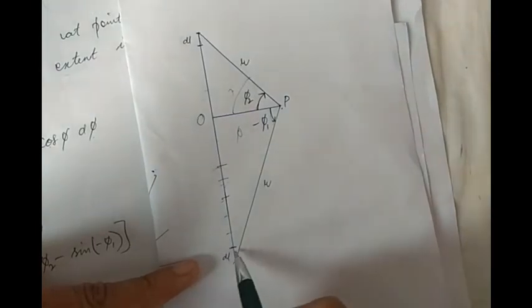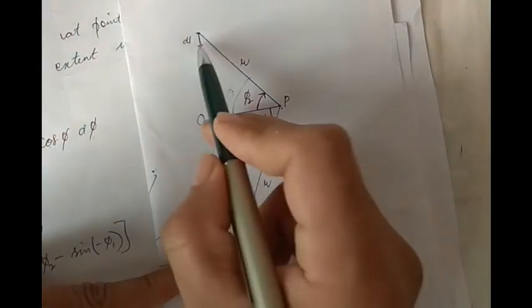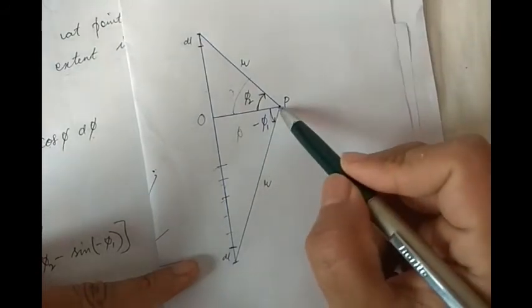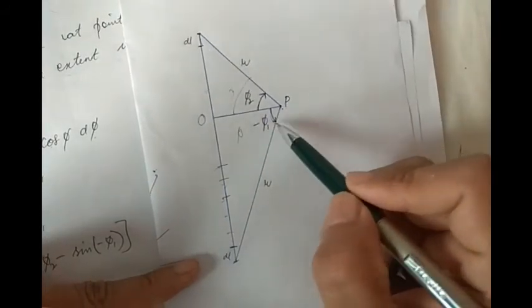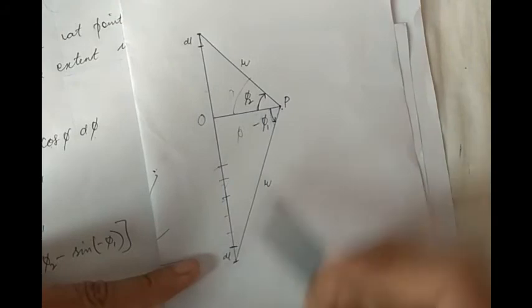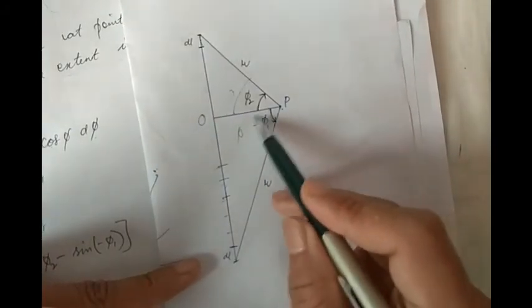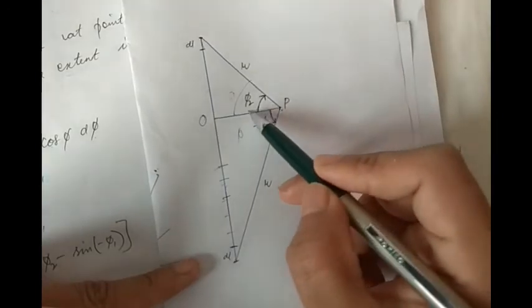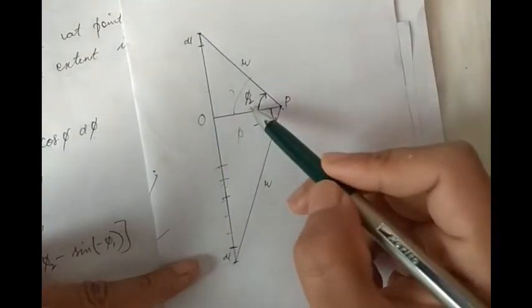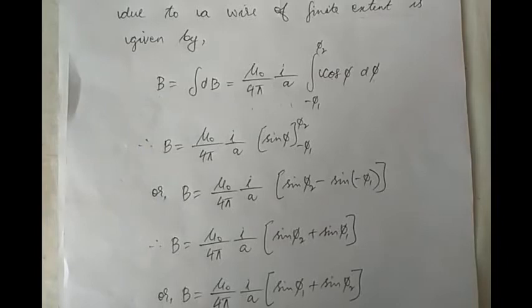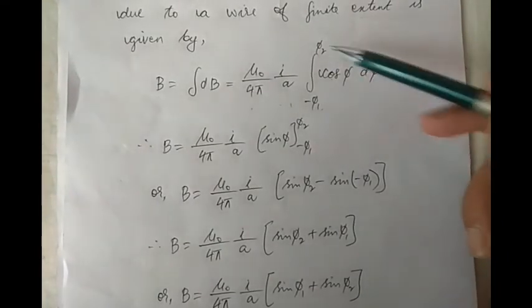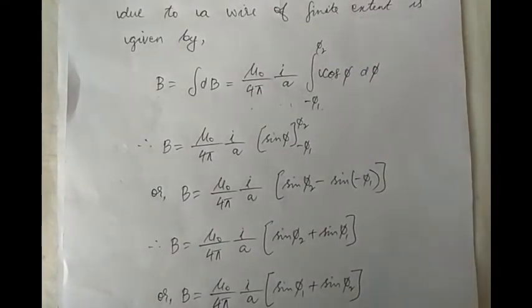So when we consider DLs at the ends of the wire, the maximum value of the angle phi on the lower side we are taking to be phi 1. This is phi 1. And the maximum value of the angle phi on the upper side we are taking to be phi 2. So after understanding the values of the limits of integration, let us proceed further.